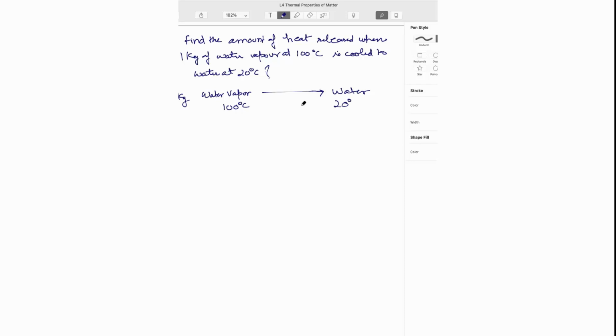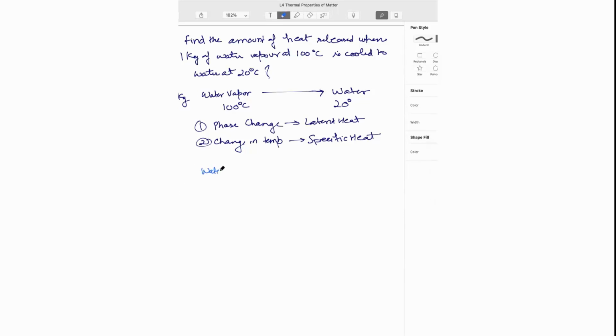So there are two processes happening: a phase change and a change in temperature. Whenever a phase change is required, we need to think about the latent heat, and when there is a change in temperature, it's the specific heat. So let's make a diagram for how the process happens.